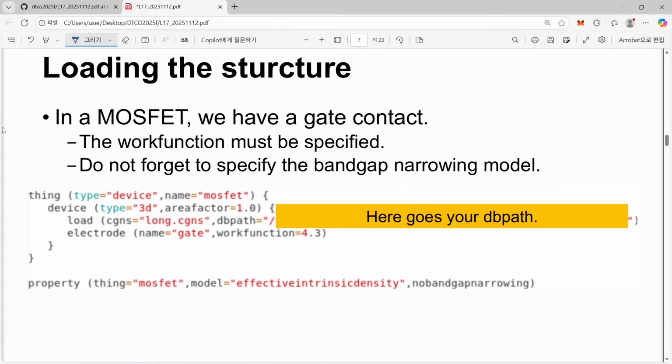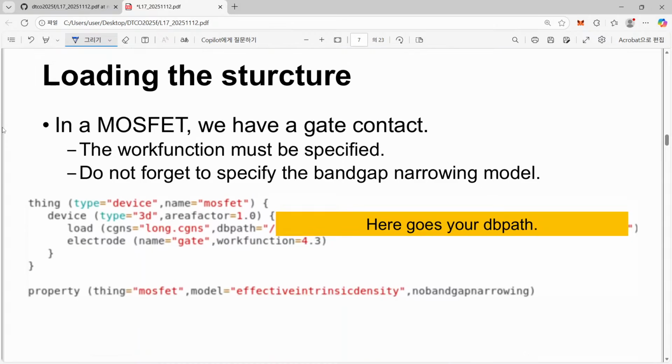Well, now let's load the structure. You have done it already in our previous example for the PN junction, so just to repeat it again, you just load it, and the mandatory effective intrinsic carrier density, which means that bandgap narrowing should be specified.